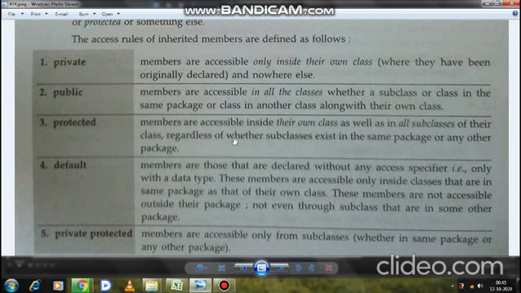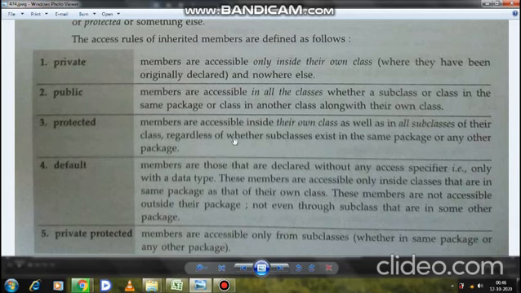Private means the members that are declared as private are accessed within their own class only, not in a subclass, not in some other class. Now public means it can be used in all the parts of the program.